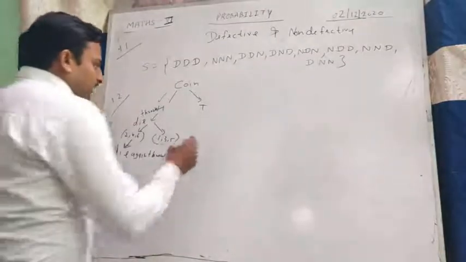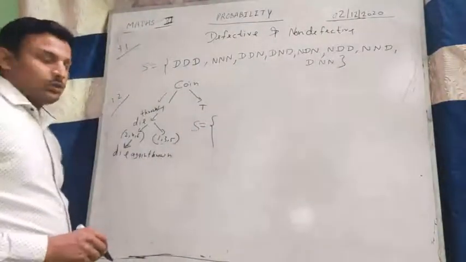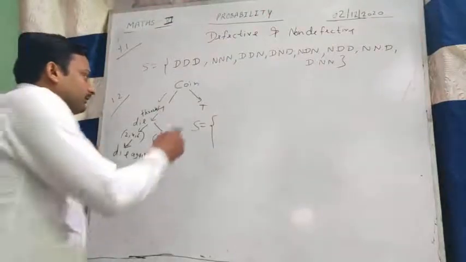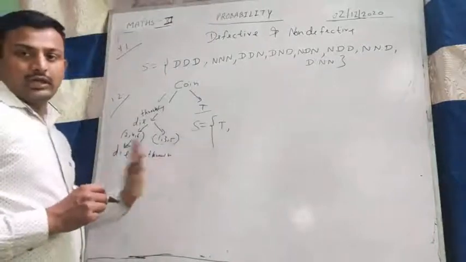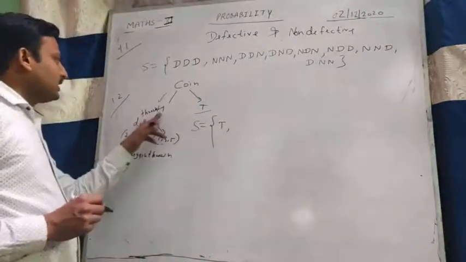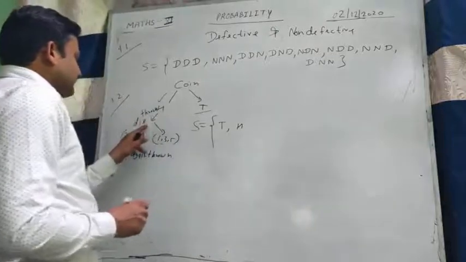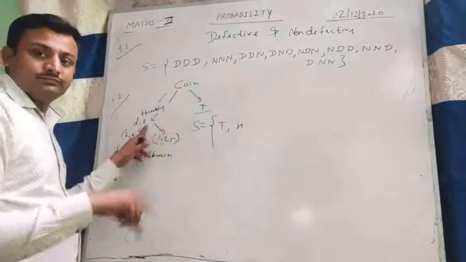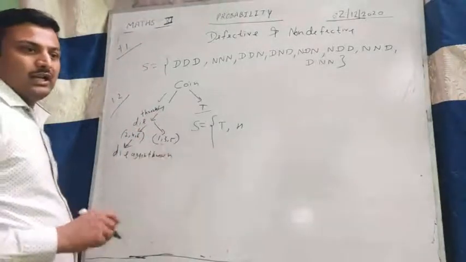So what will be the total sample space? First, this is T, okay. If head comes, then a die is thrown.